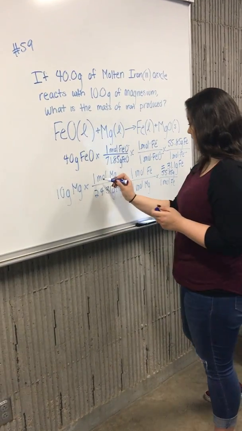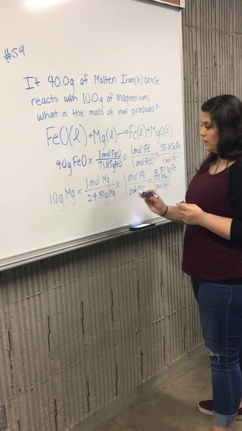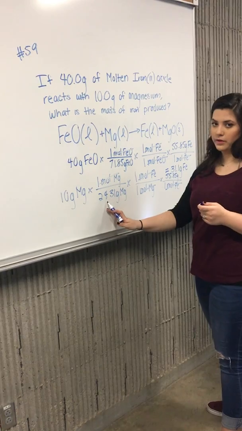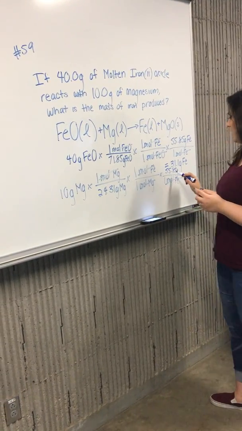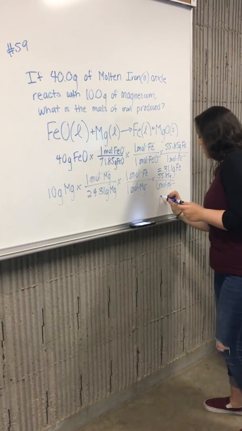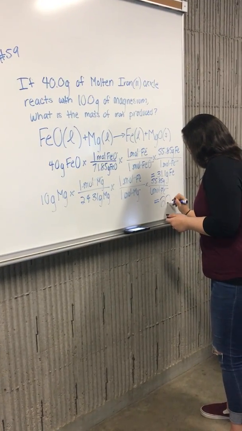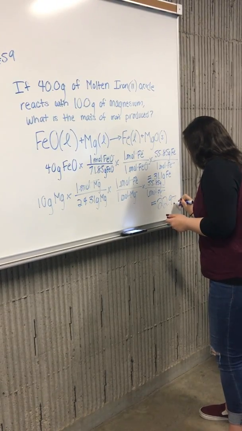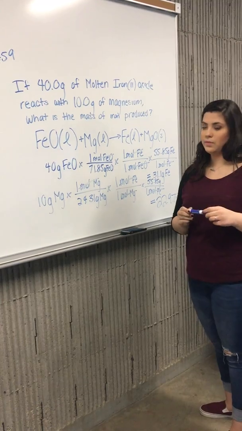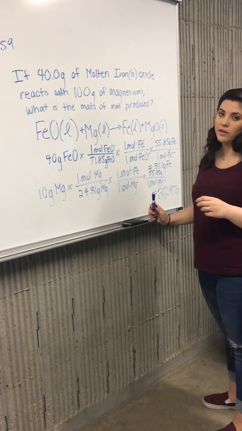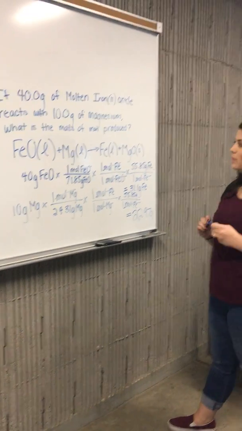And then once these will cancel out, your moles of magnesium and your moles of iron, then you take your 10 grams divided by 24.31 grams of magnesium, and then multiply it by the 55.85 grams of iron. You get your final product of 22.97 grams, which you can round to be 23 grams of iron is what you have, and your magnesium is your limit.